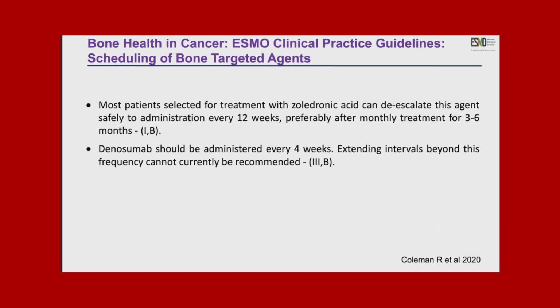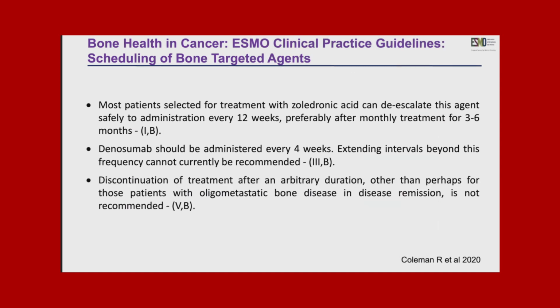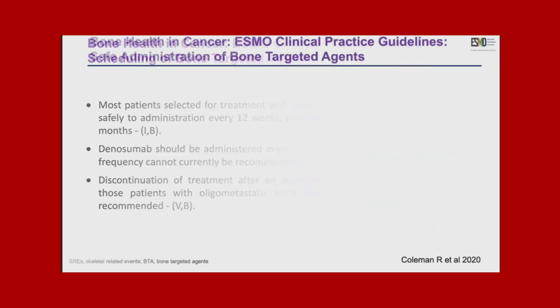We do not suggest extending the interval beyond 4 weeks. This is very important because the half-life of denosumab is very short, because it's an antibody. Discontinuation of treatment for any reason in patients with metastatic disease is not recommended.